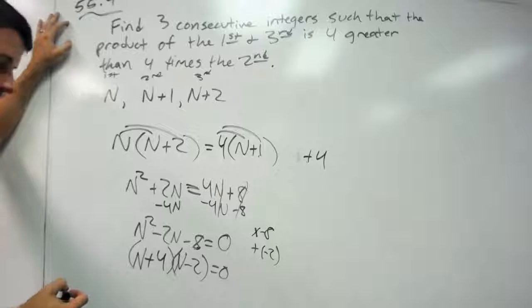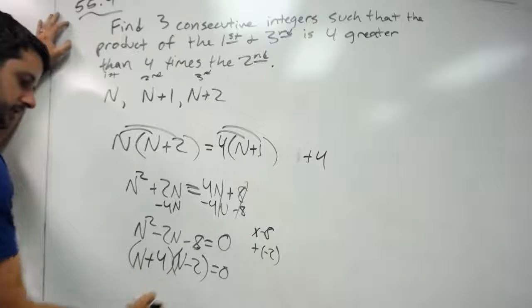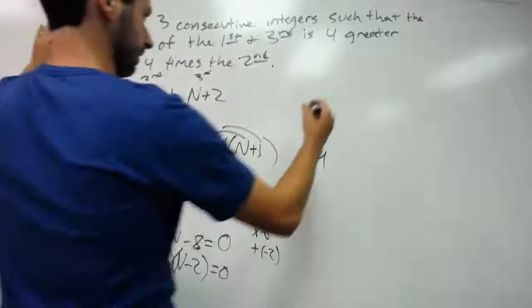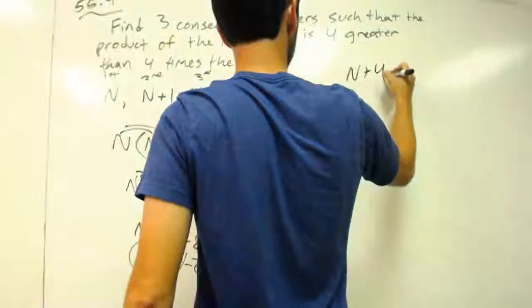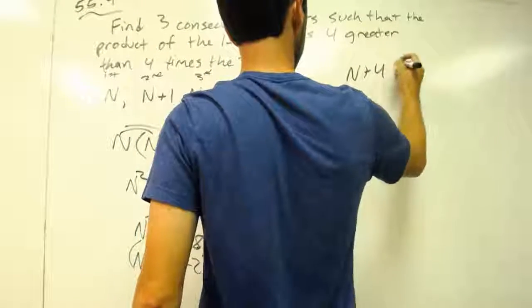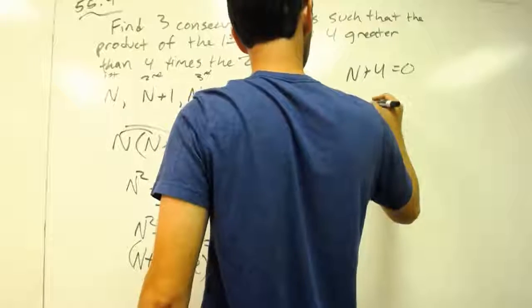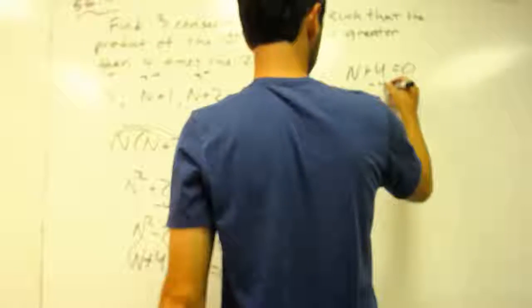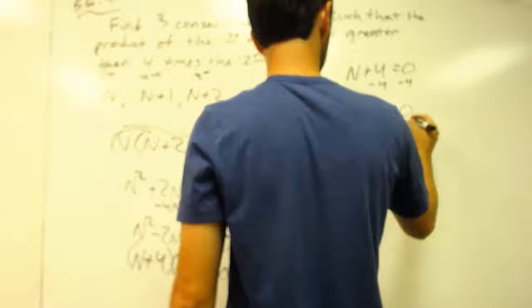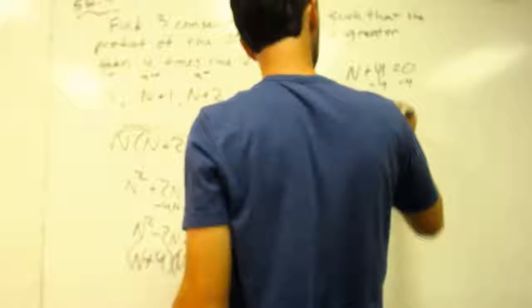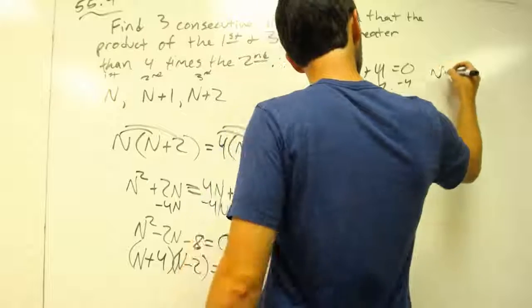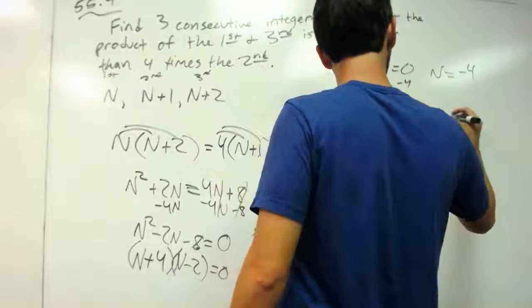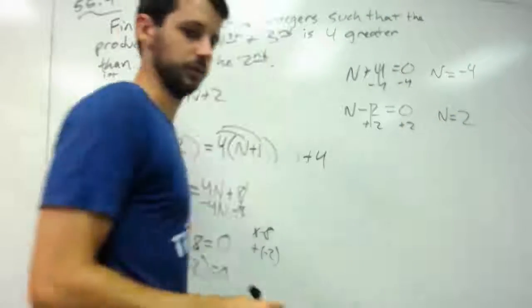Now from here, we have 2 separate equations that we create. n plus 4 equals 0, and n minus 2 equals 0. And then we solve for n. Subtract 4 and add 2. So we get n equals negative 4 and n equals positive 2.